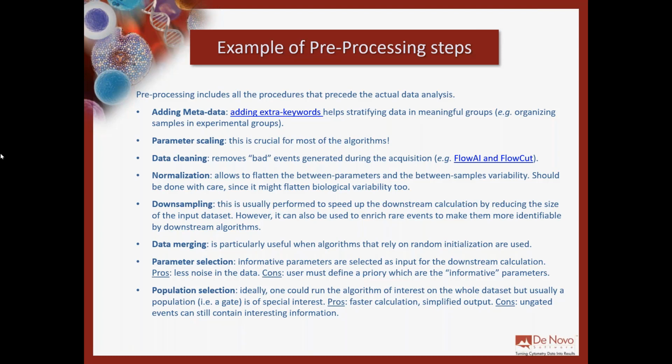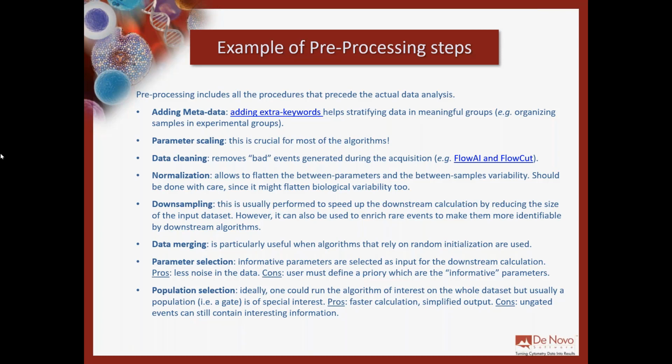You want to maybe normalize each parameter in each file independently. You want to downsample each file independently. Only at that point, when all your files have been cleaned, gated, maybe normalized, and downsampled, will you merge those files. You will get a single merged file, and that's the file that you will run tSNE and FlowSOM and whatever algorithm you want on.